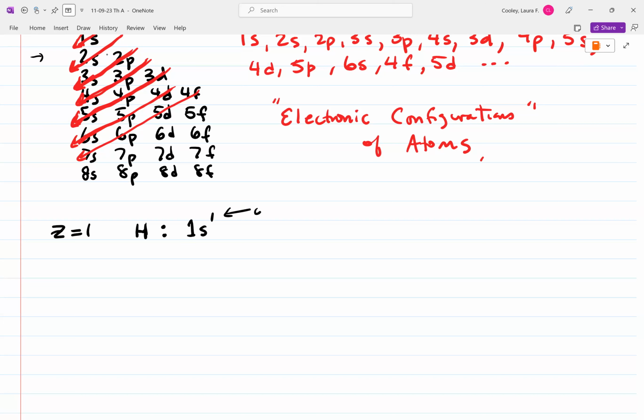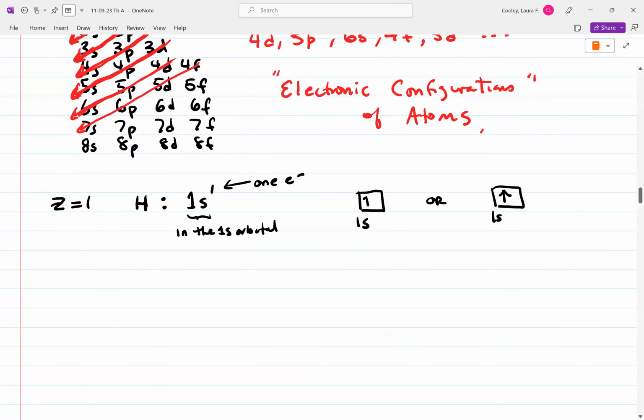This means 1 electron in the 1s orbital. Another way is the box picture, which you could write with a half arrow or a full arrow. And of course, there's room for another electron with the opposite spin, drawn as an arrow going down, but that's for helium.